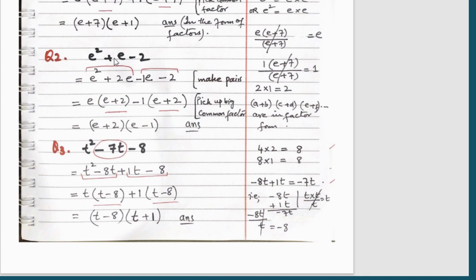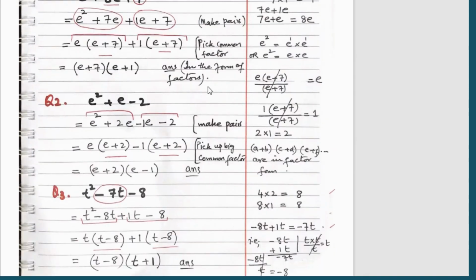When there is nothing written with the starting variable, it means there is a plus sign. Plus 1 is written over here. So try to learn these small things which are not very prominent but are very important.